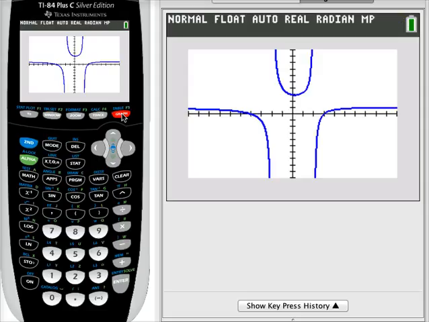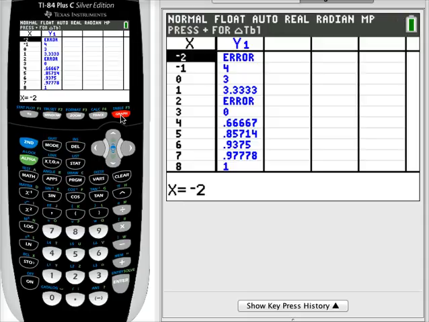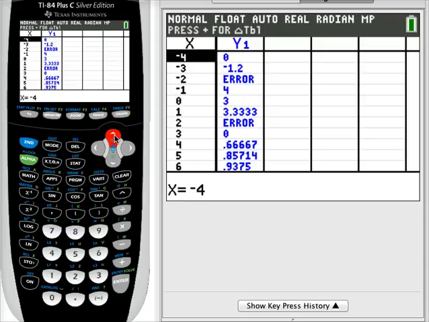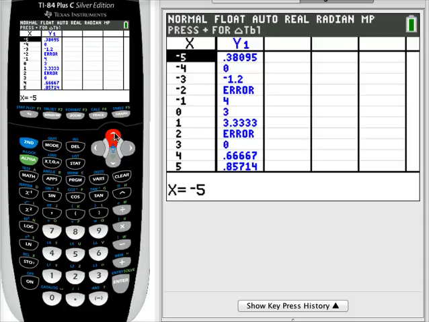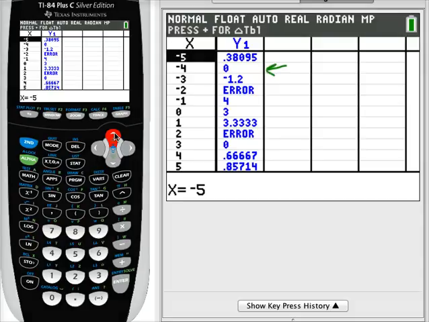Okay? So, with that being my graph, I do want to get just a couple points to look at. A couple points that I'm going to be able to graph. So here, I'm going to take negative 4, 0, 0, 3, and 3, 0.